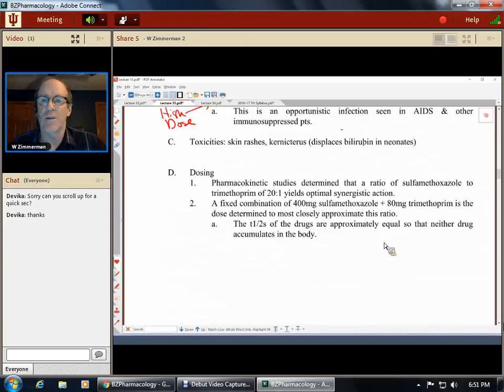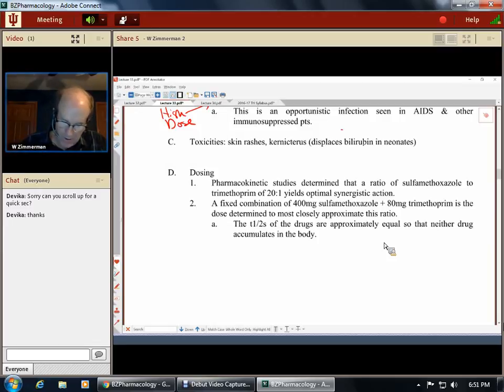So what we found is we need a ratio of sulfamethoxazole to trimethoprim of 20 to 1. And a combination of 400 to 80 will give us that ratio in vivo. So half-lives of the drugs are approximately equal, so neither accumulates.